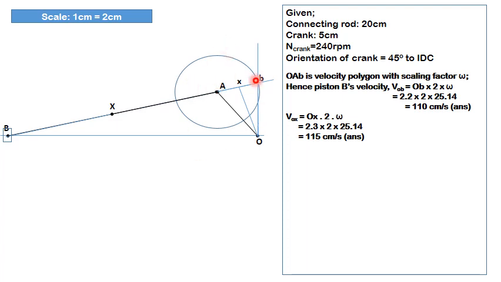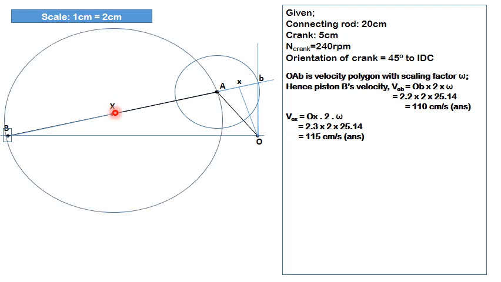So this is a circle whose radius is AB and the center is A. Another circle takes diameter AB, please remember, the diameter of the second circle is AB and the center is the midpoint of the connecting rod. So here it is point X. So draw a circle of diameter AB taking the midpoint of the connecting rod as center.